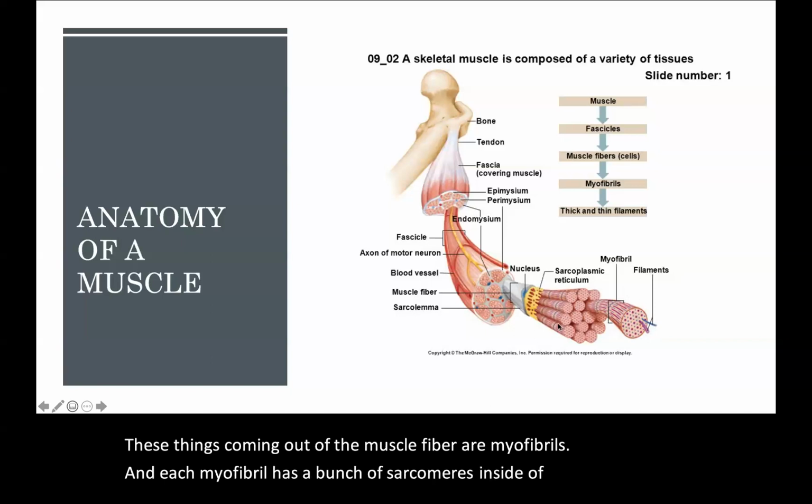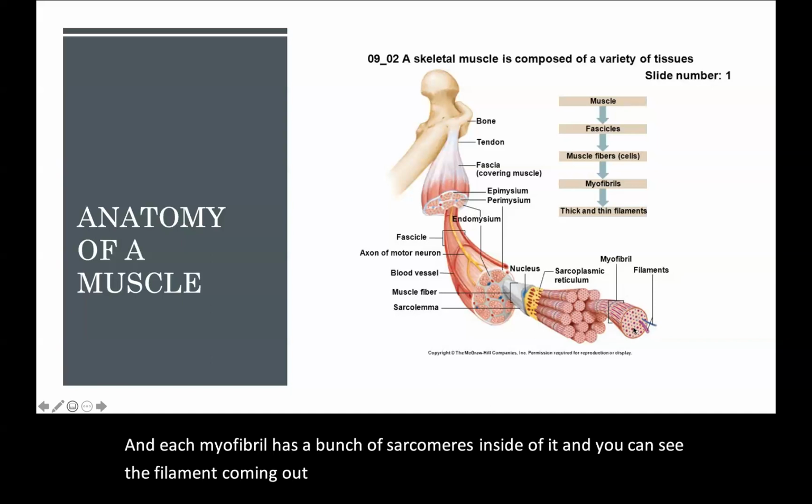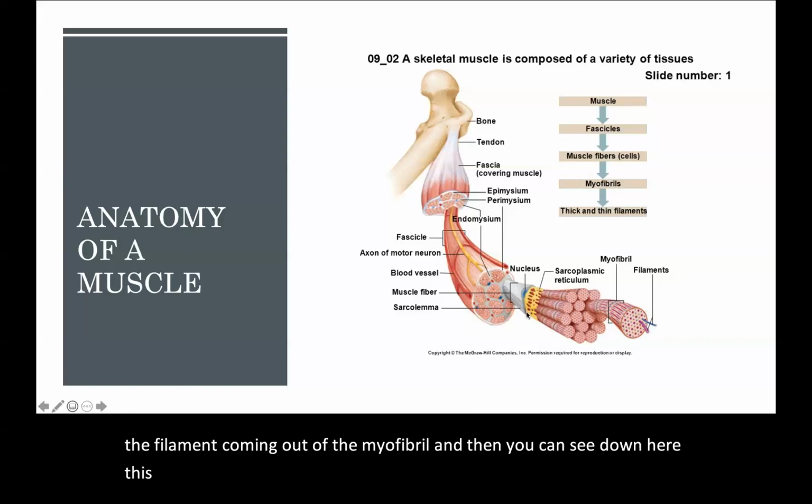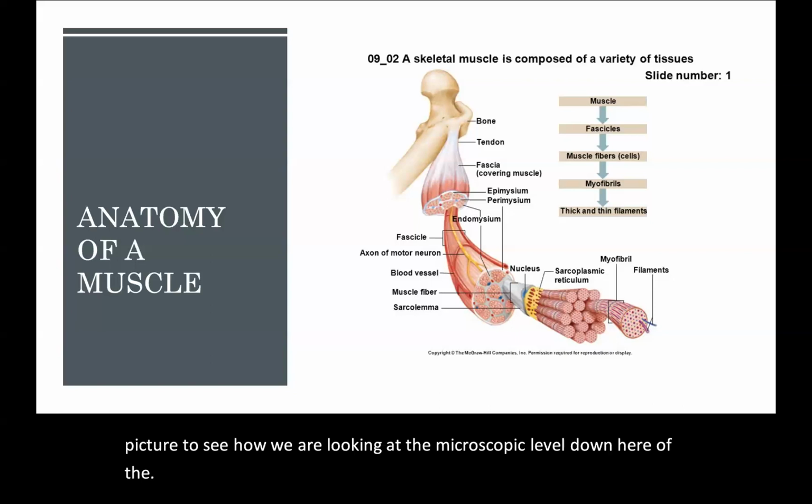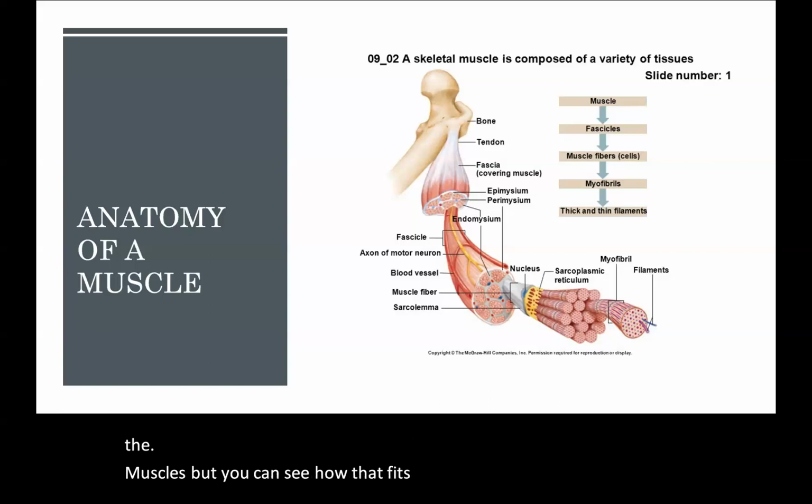And you can see the filaments coming out of the myofibril. And then you can see down here, this yellow is indicating the sarcoplasmic reticulum. So this is a good picture to see how we are looking at the microscopic level down here of the muscles, but you can see how that fits together with the entire thing.